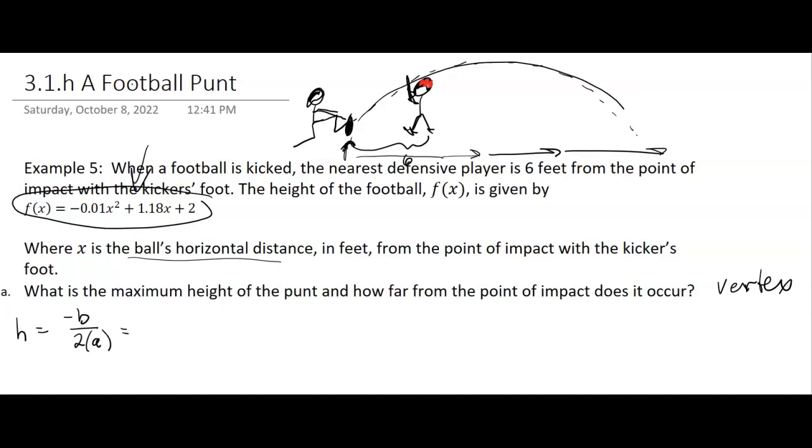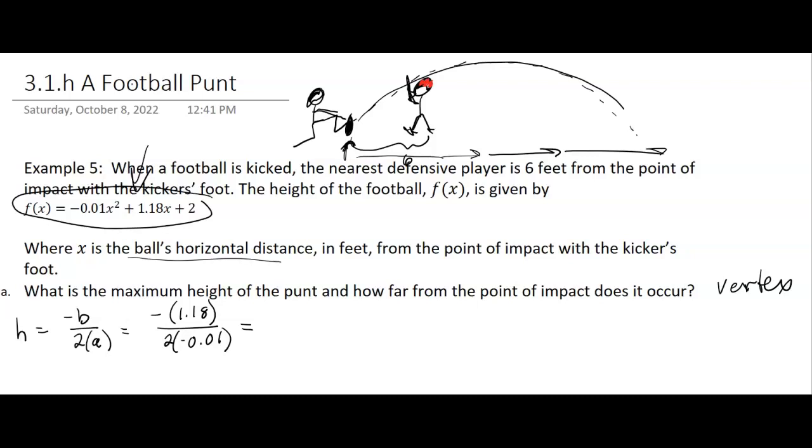And in this case, my b is 1.18, and my a is negative 0.01. So I could put that in a calculator. Let's see, negative 1.18 divided by, and you'll have to put that in parentheses, 2 times negative 0.01.